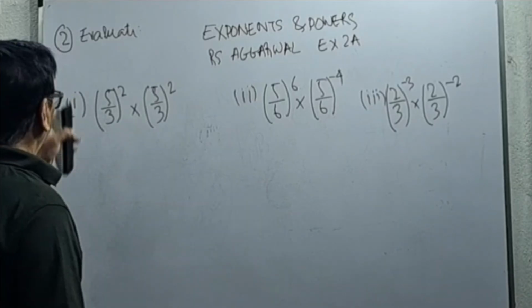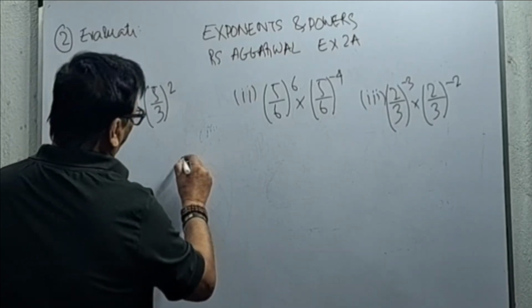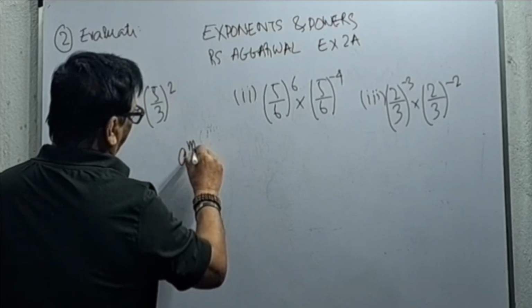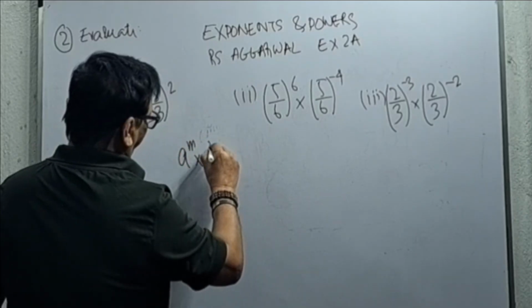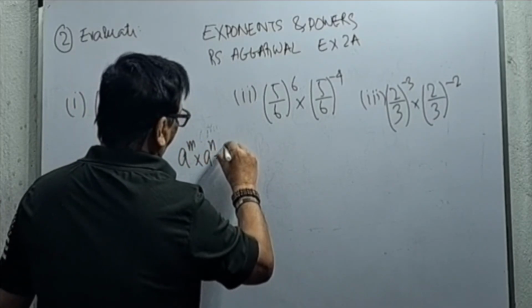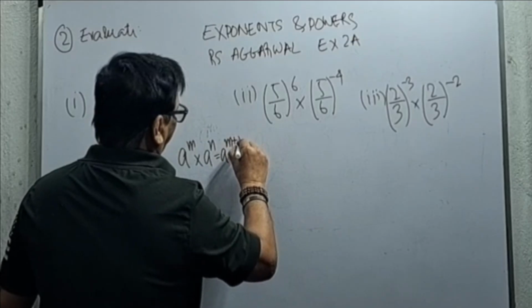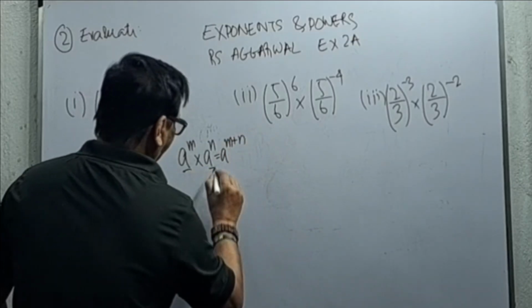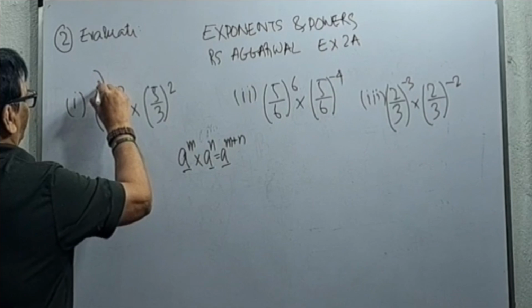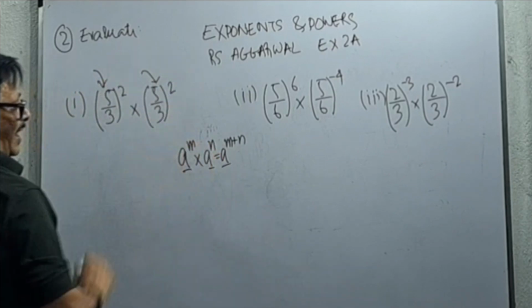Now we come to question number 2, part 1, part 2, part 3, right? So evaluate this. Now see, we know that a to the power of m multiplied by a to the power of n is equal to a to the power of m plus n. So the bases are same. Here also the bases are same. So we can apply this rule.